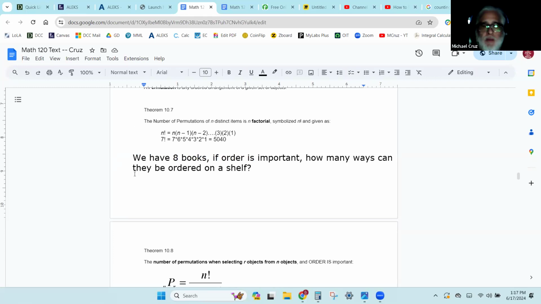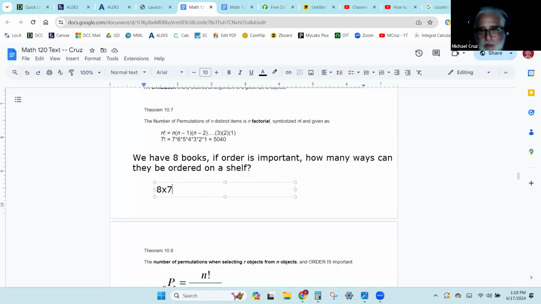So if we have 8 books, let's say we've got them in a box and we go and pick them out. We've got 8 books. Now, once we've pulled that book out, there's no longer 8 in there.